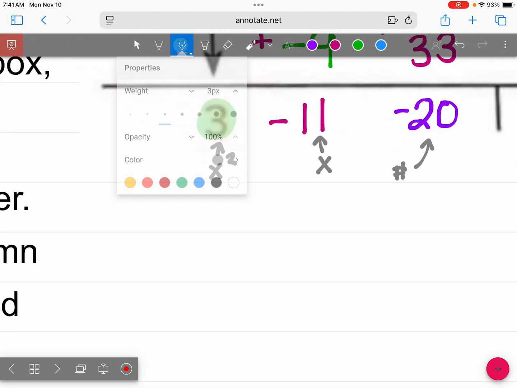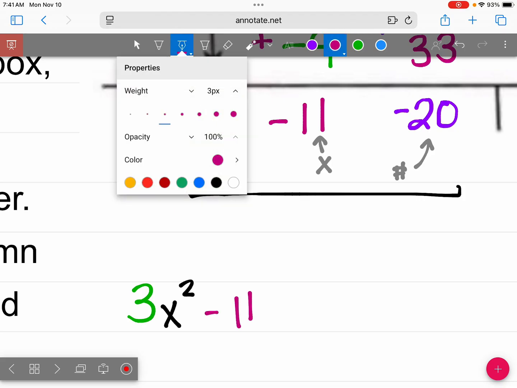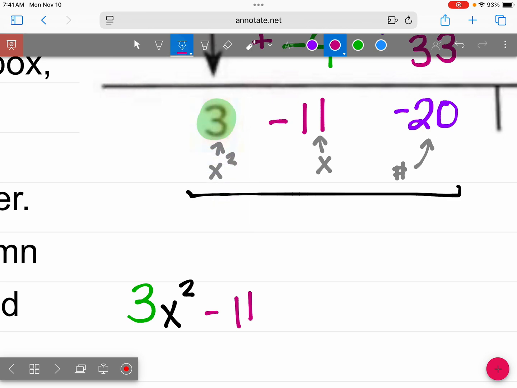So our answer for this polynomial, we just have to combine these pieces together: 3x squared minus 11x minus 20.